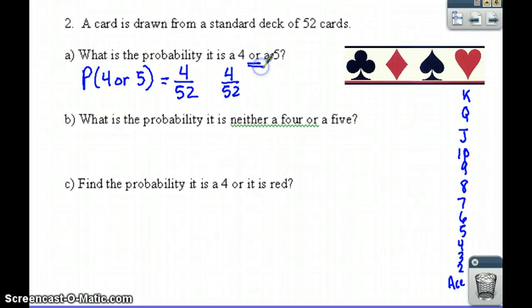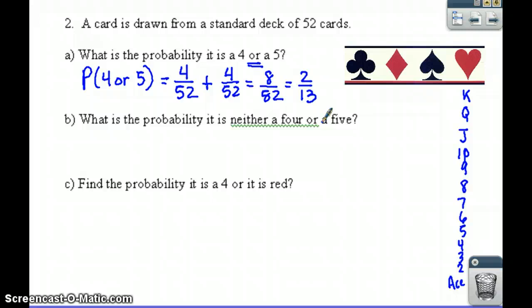This is an OR problem, so we add, giving us 8 out of 52. That reduces down to 2/13. It's a 2 out of 13 chance we reach in and pick either a 4 or a 5.